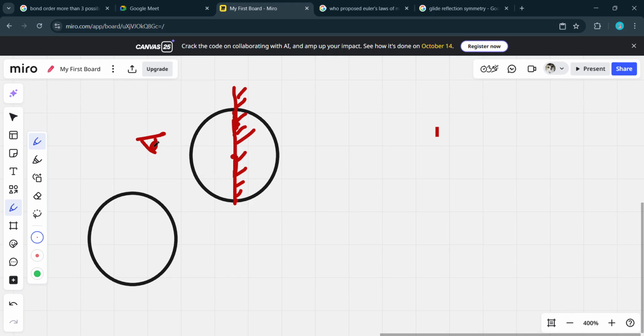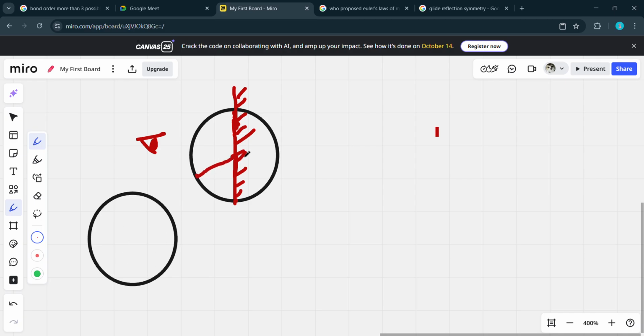Infinity is a concept which tells you that there are unlimited amount of things. So in this case, there are unlimited ways in which you can place the mirror so that you will get back this original circle.